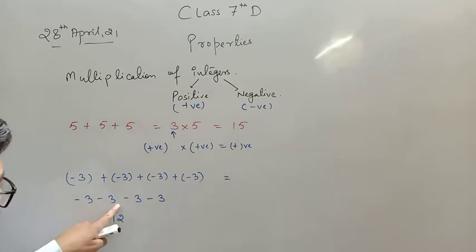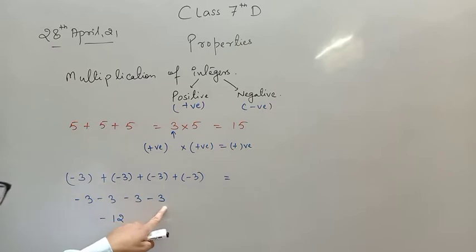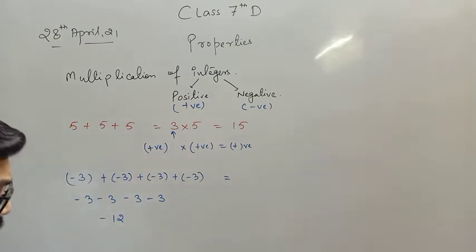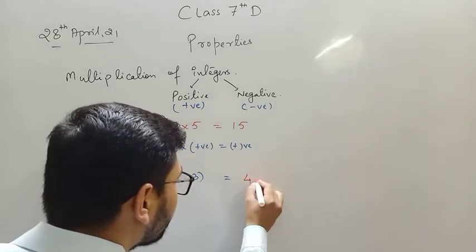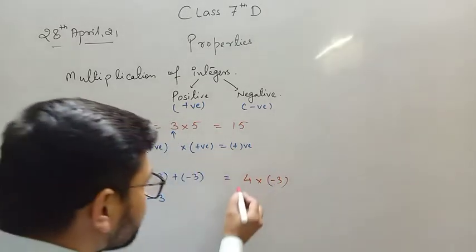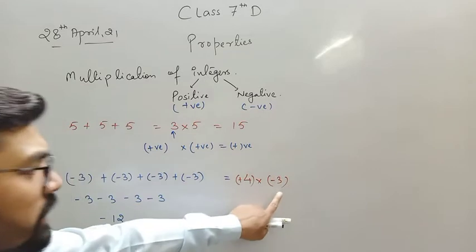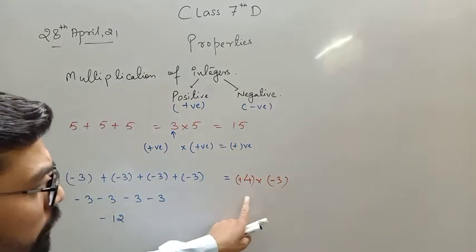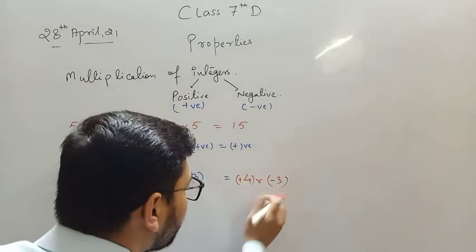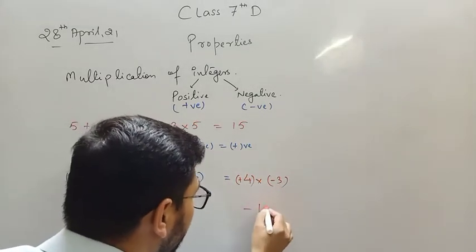The second method: 3 appears in this expression 4 times, right? Or I can write this expression like this: 4 times minus 3 is appearing. So there is a positive integer plus 4 and a negative integer minus 3. When I multiply a positive integer with a negative integer, the sign is plus times minus equals minus, and 4 threes are 12.